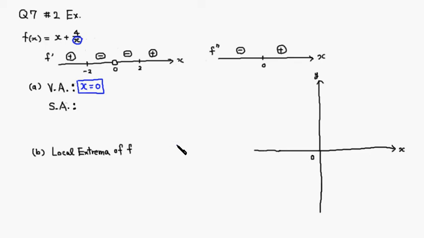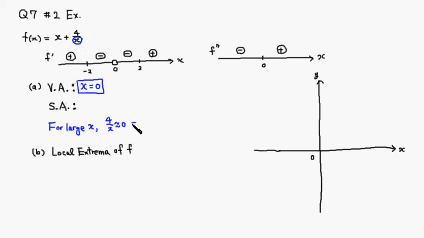For the slant asymptote, you can see that for a large x value, 4 over x is very close to 0, because 4 divided by a big number is close to 0.